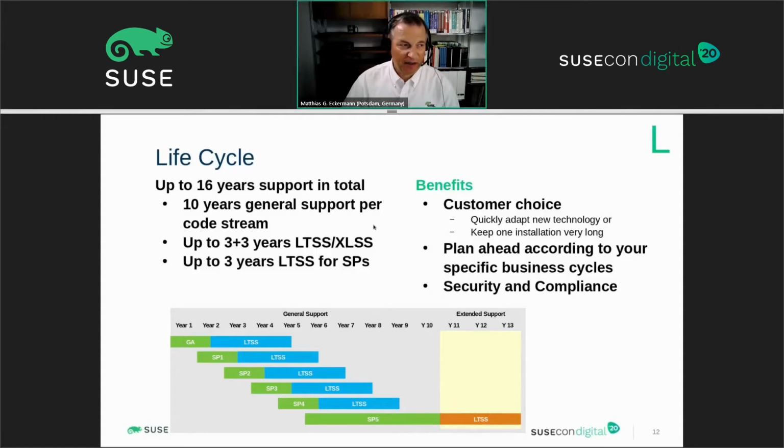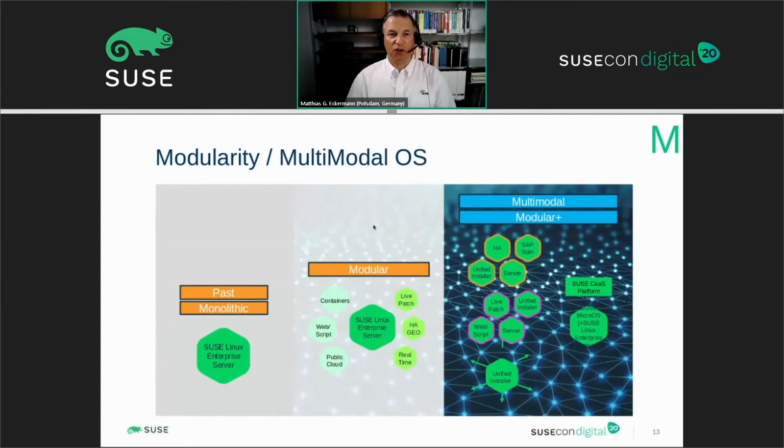And now to something different, to a more architectural approach that we have taken over the last years with SUSE Linux Enterprise. In the past, and many may remember this, we had a purely monolithic operating system like SUSE Linux Enterprise 11. It was just one shot, SUSE Linux Enterprise Server, one DVD, and that's it.